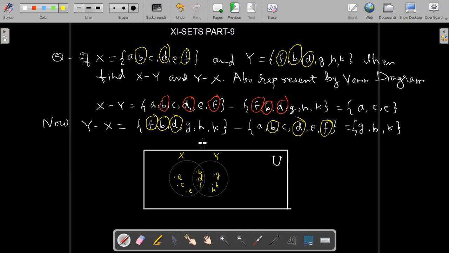Now, we have to show X minus Y and Y minus X. So see, A, C, E is what?